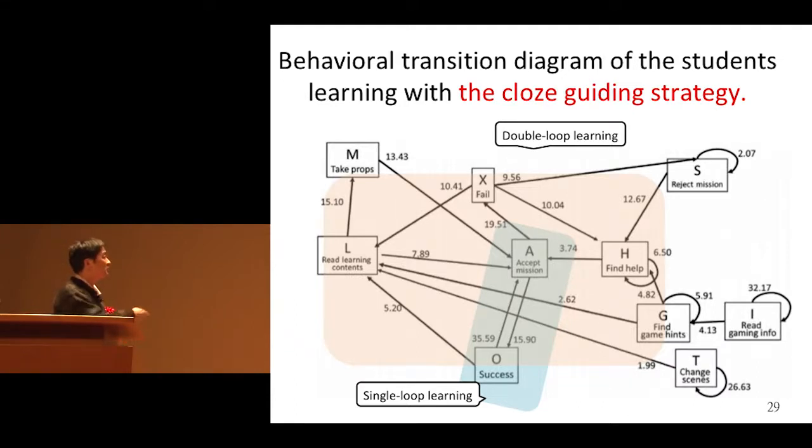As you can see from this very complex graph, after the student accepts a learning task, no matter whether they successfully answer the question or fail to answer it, they will try to read more learning content and then go back to accept another task or the same task. They do this no matter whether they succeed or fail. So we call this double loop. They are learning in a double loop.